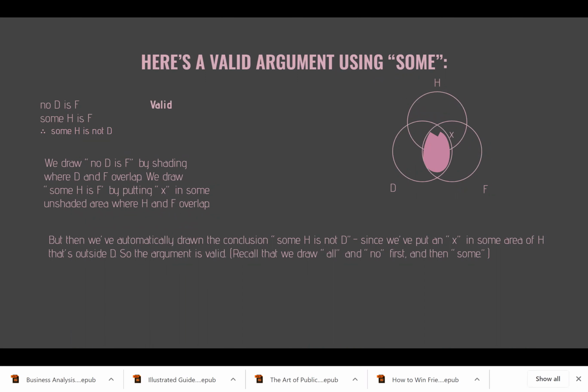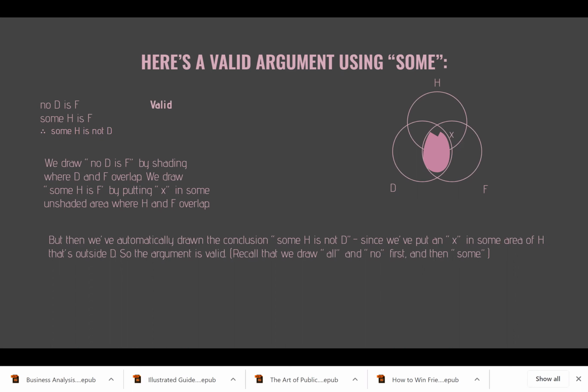Here is an example with a premise and a conclusion using the word some. So we have no D is F, some H is F, therefore some H is not D. This one is valid. So first we draw no D is F by shading where D and F overlap.